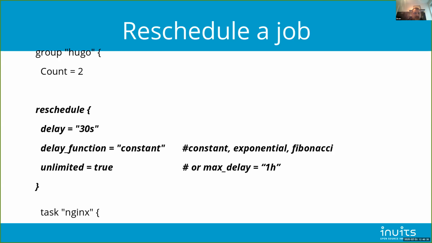In this case, it's set up to constant, but especially with the exponential and the Fibonacci, you might want to switch that over onto a parameter called max delay, which is, as the name suggests, the longest waiting interval you want to schedule for. Because otherwise, exponentially, wait times will get so long that it actually makes no sense to wait anymore. So for exponential and Fibonacci, you want to set a max delay.